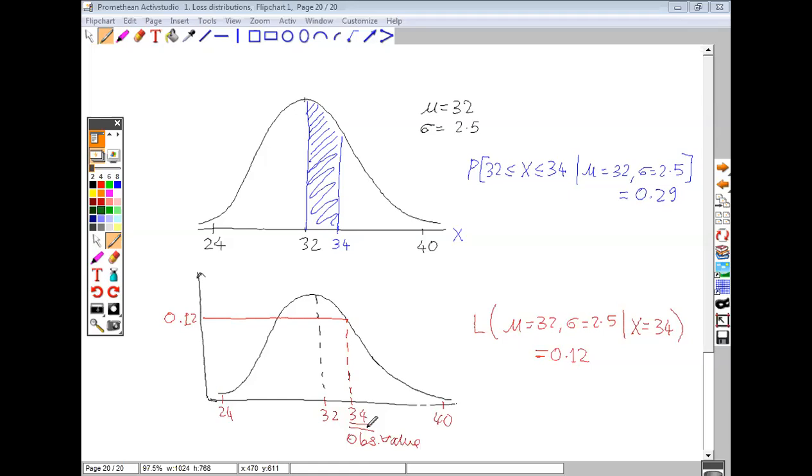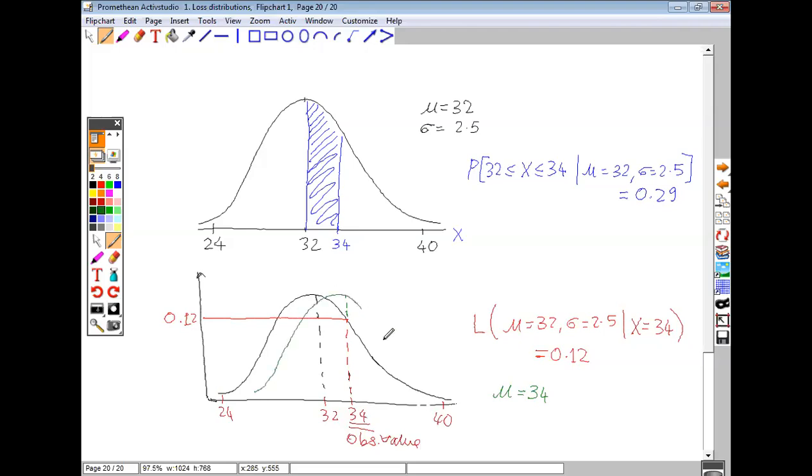Then if I keep my mean as 34, so now if I'm looking at some normal distribution where my mean is 34 instead of 32, I will have this graph peaking at 34 instead, right?